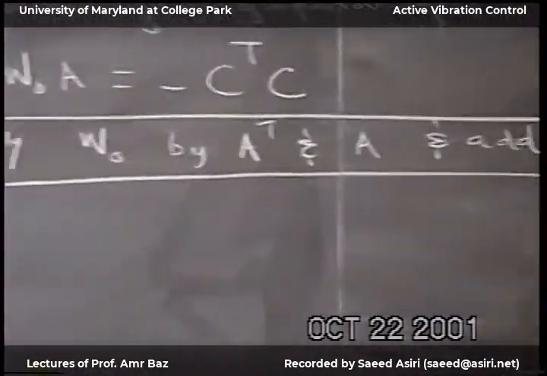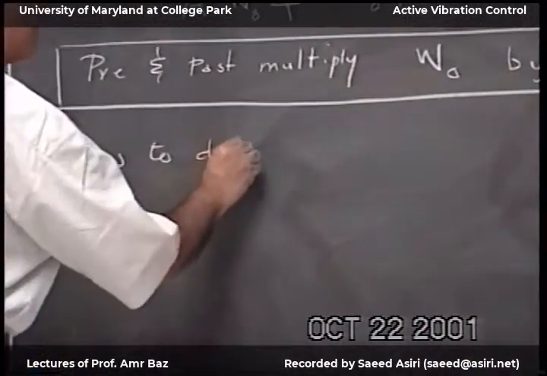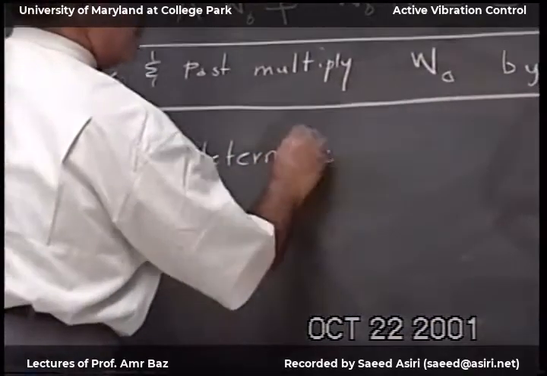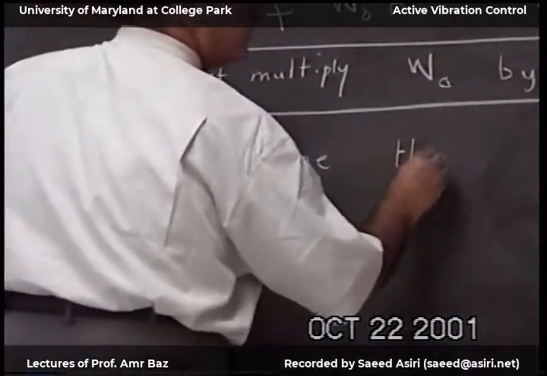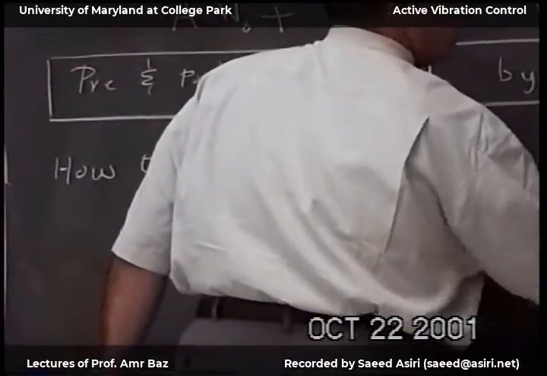So now, how to determine the H2 norm of a transfer function?